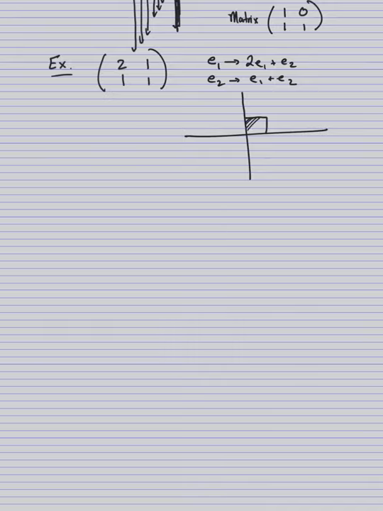So here's a rectangle spanned by e1 and e2, and then this goes to the parallelogram. So e1, 2e1 plus e2, 2e1. Okay, something like this. So this is T of e1, and this is T of e2.